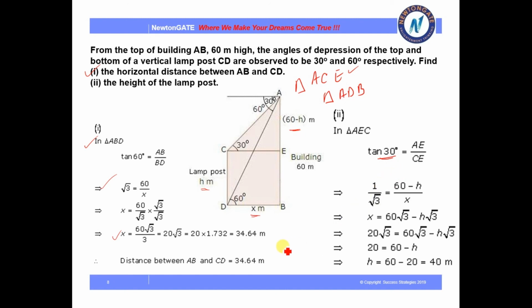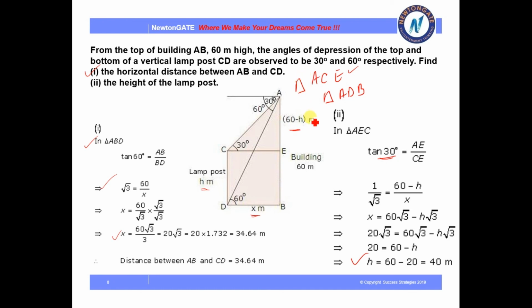We know the value of x as 34.64. So we find the value of h as 40 meters. So we found the distance between the lamp post and the building using triangle ADB, and the height of the lamp post using triangle ACE.